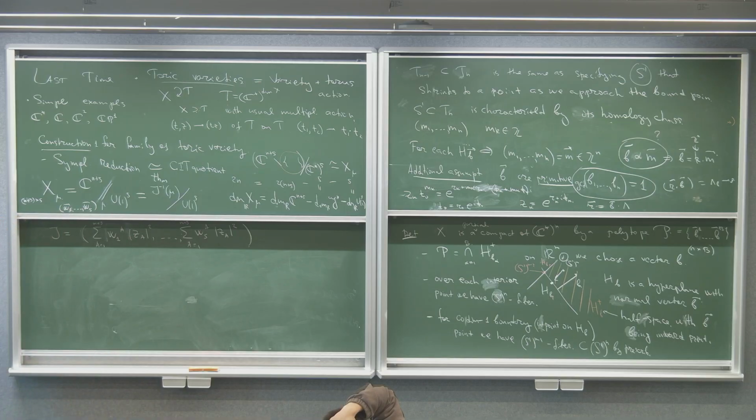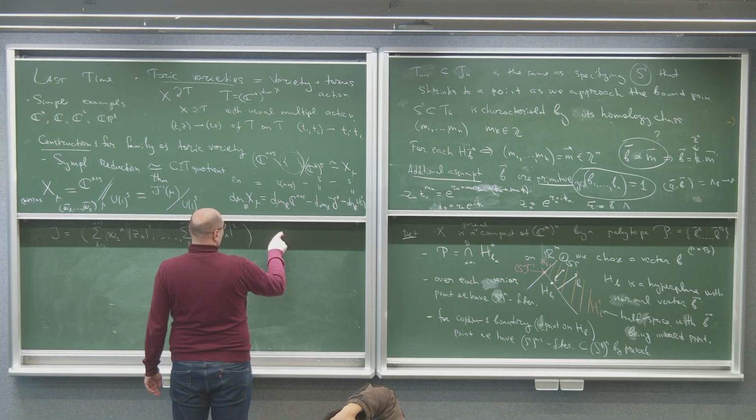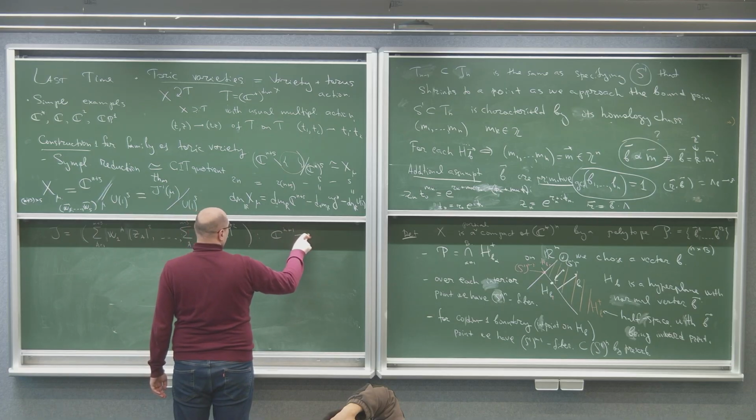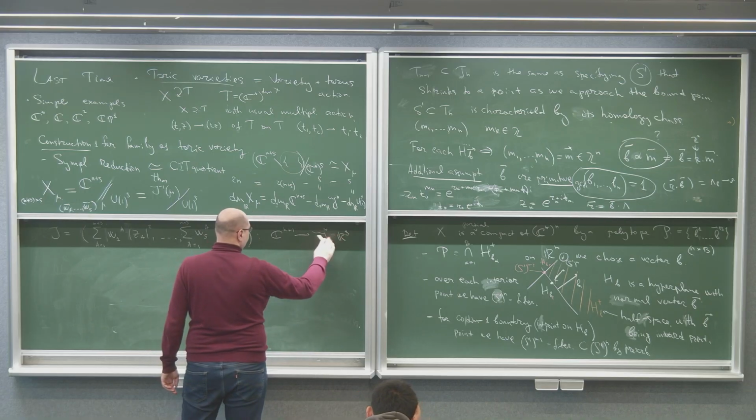That is the moment map, which describes a map from C^(n+s) to the dual Lie algebra, which is R to the power s.